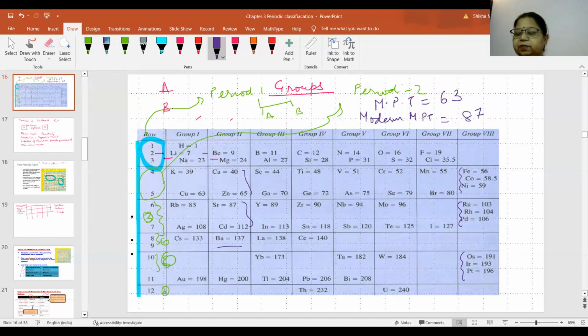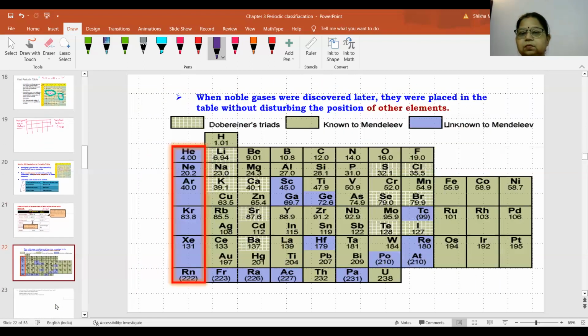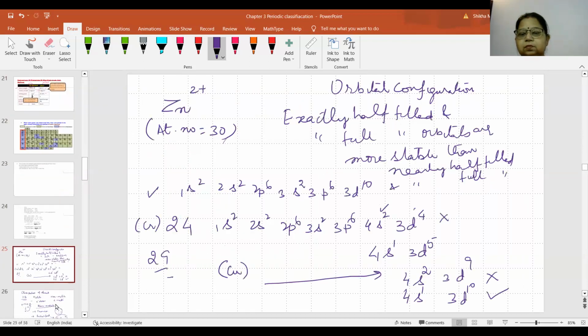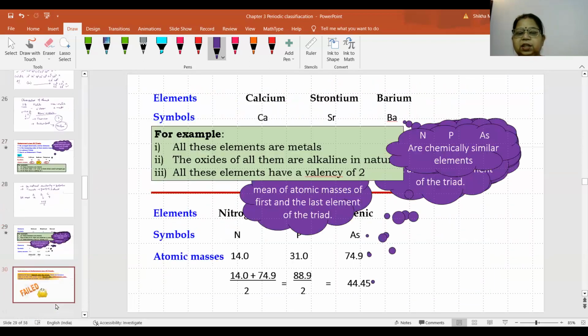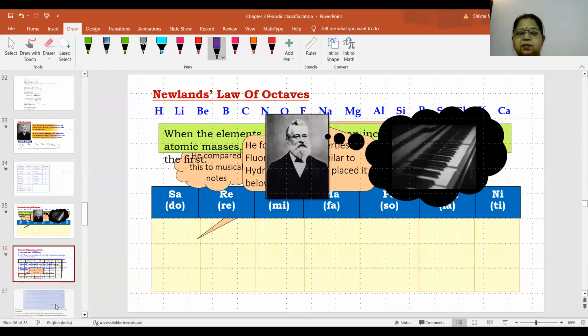Mendeleev's periodic law. If anybody can read it out or even explain to me what is Mendeleev's periodic law. Anyone, quickly?